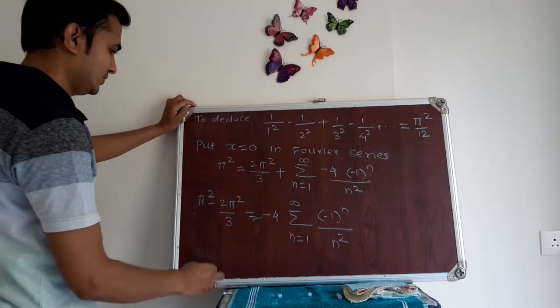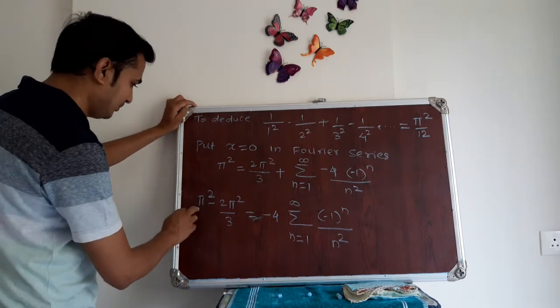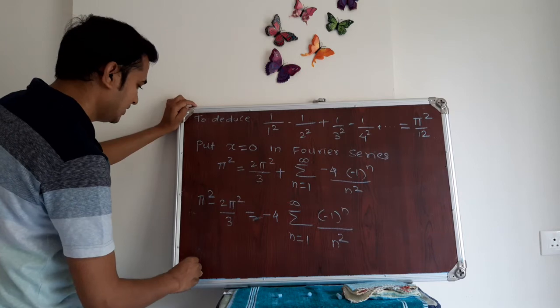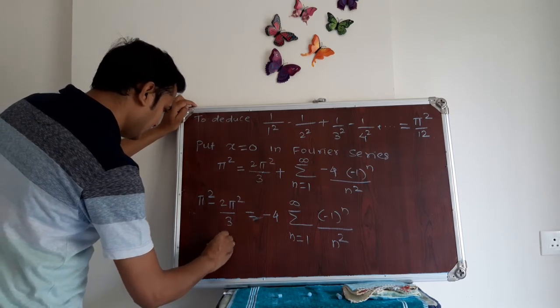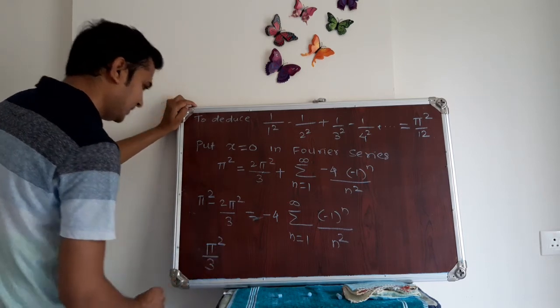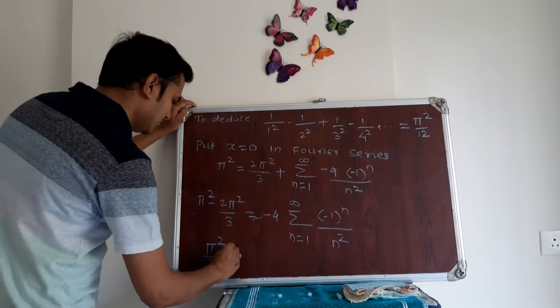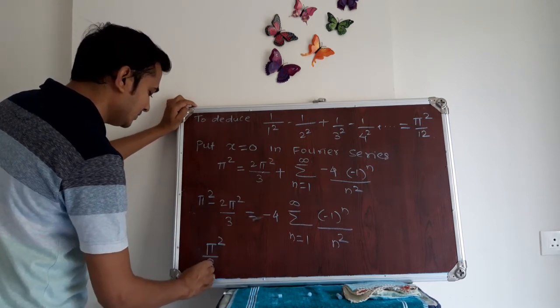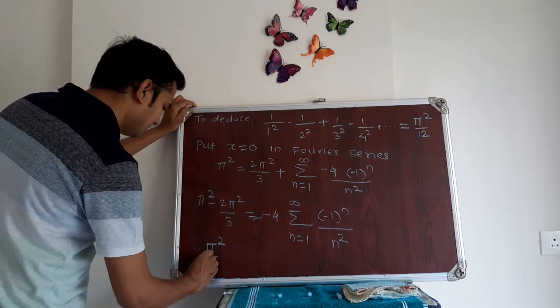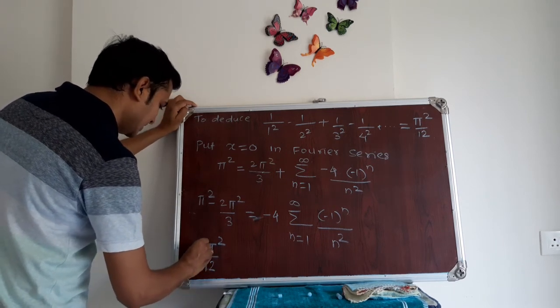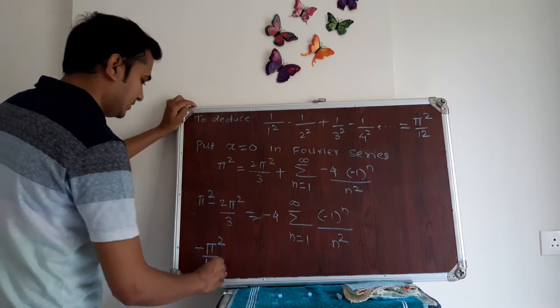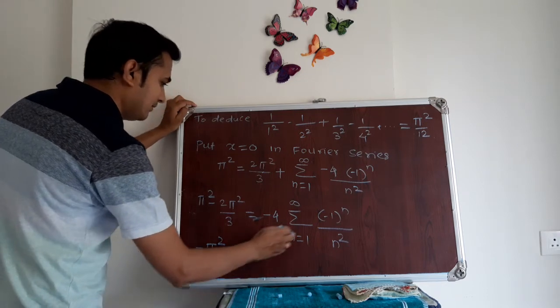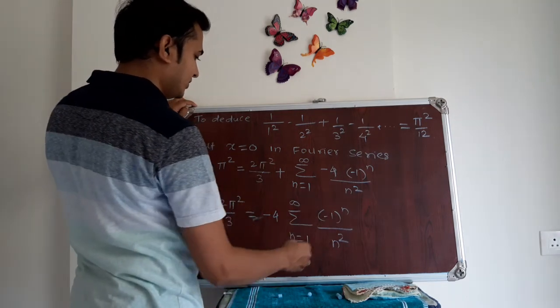Okay, so if you simplify this, this is 3 pi square minus 2 pi square, which is pi square upon 3 equal to, bring this minus 4 here, so that becomes 12 with minus sign. Okay, so minus pi square upon 12, and now open this series. What will you get?